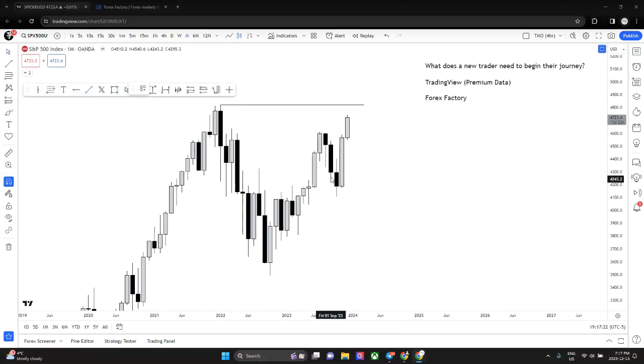So mostly what we'll be focusing on is liquidity, the types of liquidity. You have internal liquidity, which is fair value gaps and so on, things that I'll explain soon if you're new, don't worry. We have fair value gaps, old highs, old lows.